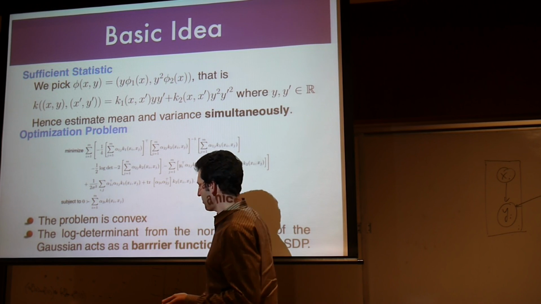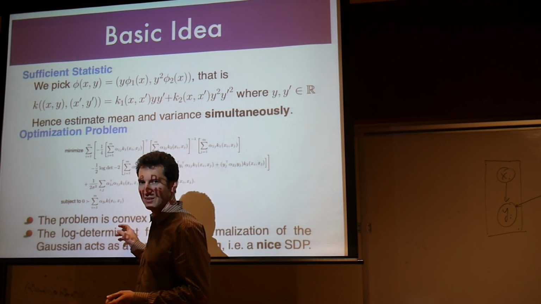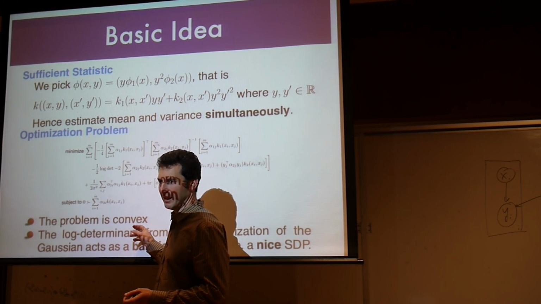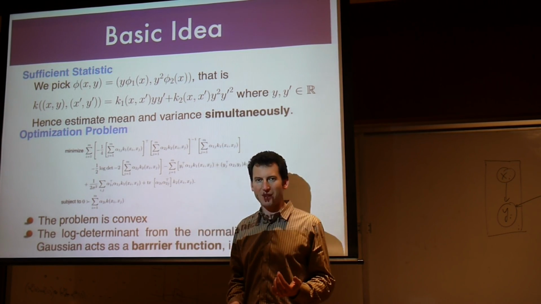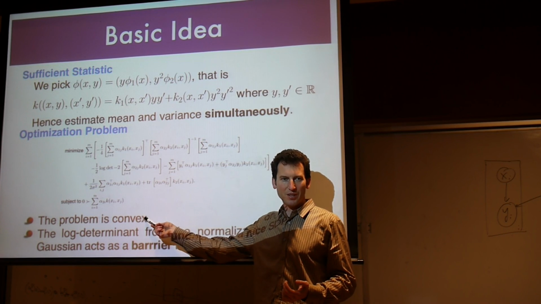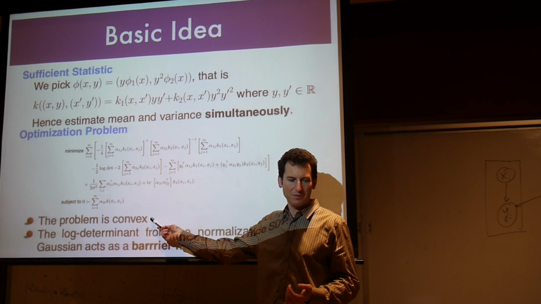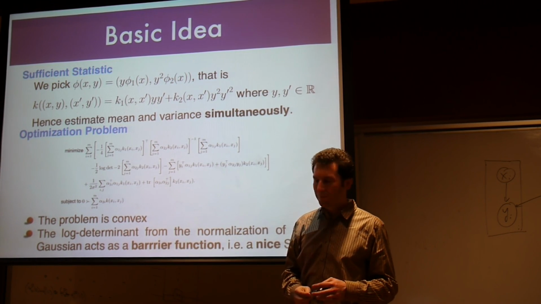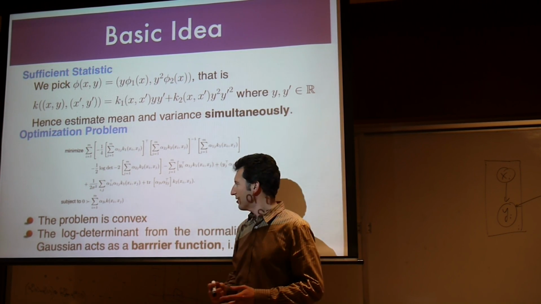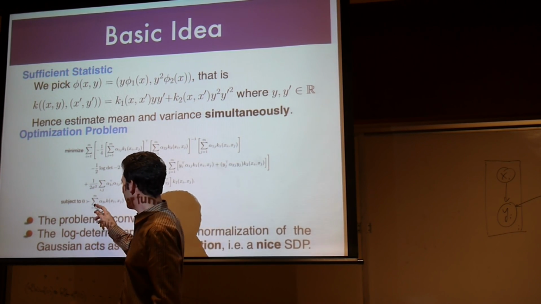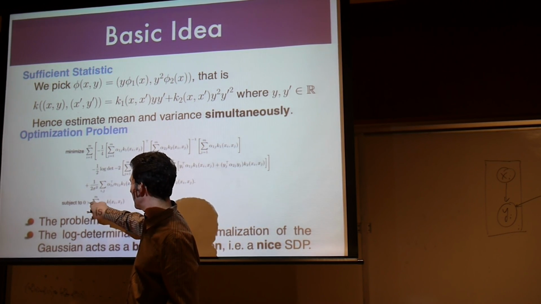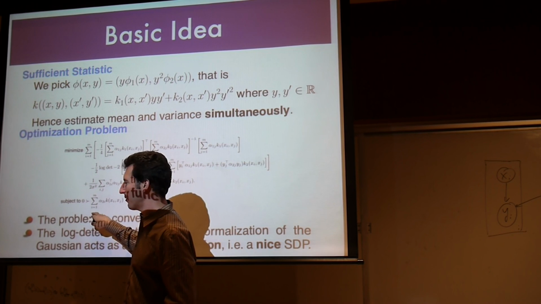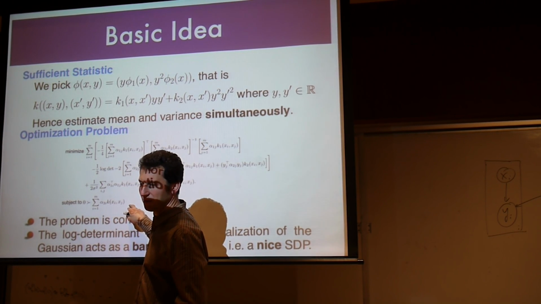So the nice thing is this problem is actually convex. Unlike any other heteroscedastic Gaussian process regression problem that I've seen, this is actually computationally very attractive. The other thing is, you see this ugly expression here, well, you probably can't, it basically means that the covariance must never become negative.